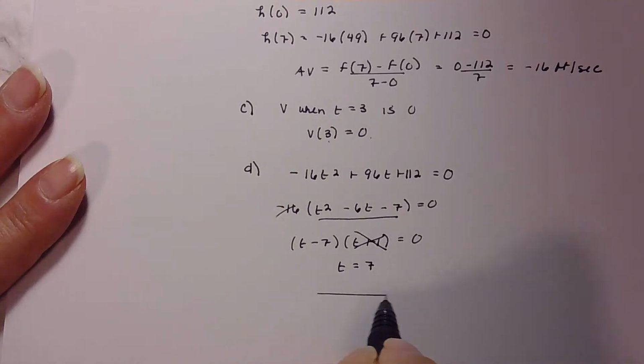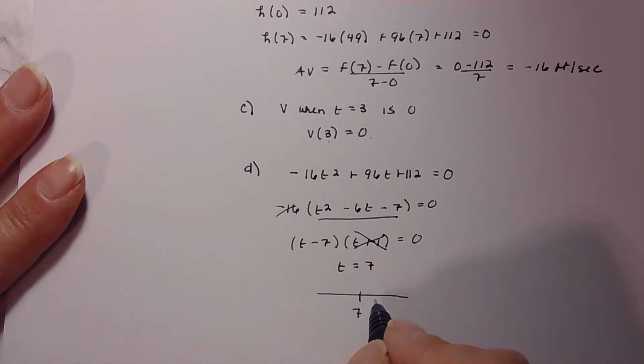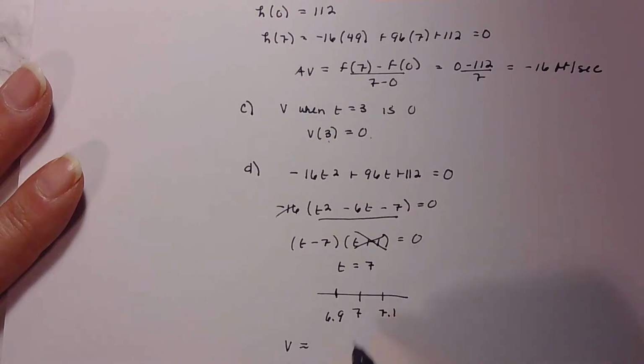So again, if I think of 7 on a number line, when a ball hits the ground, it keeps bouncing, it doesn't stop. So I could choose 7.1, and I could choose a point a little bit to the left, 6.9, and I could compute those two. So I would say the velocity is approximately equal to f of 7.1 minus f of 6.9 over 7.1 minus 6.9.